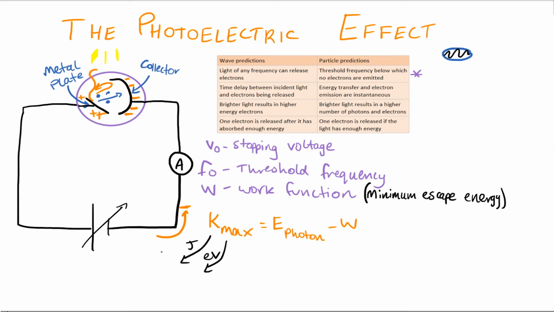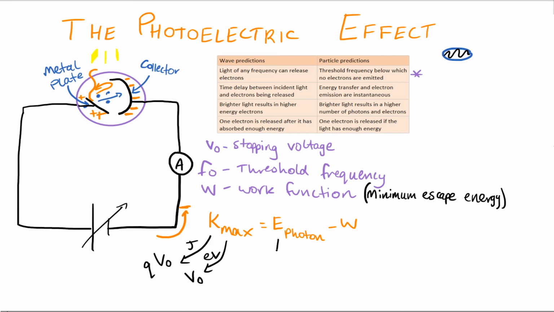If we're using joules, the kinetic energy is the charge on one electron times the stopping voltage. Remember, q in this case is 1.6 times 10 to the minus 19. If you forget it, it's on your VCAA formula sheet. And if we're using electron volts, then the maximum kinetic energy is just equal to the stopping voltage.